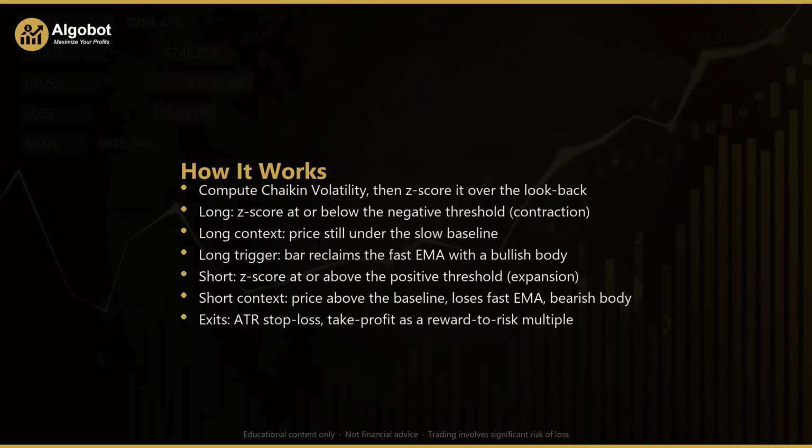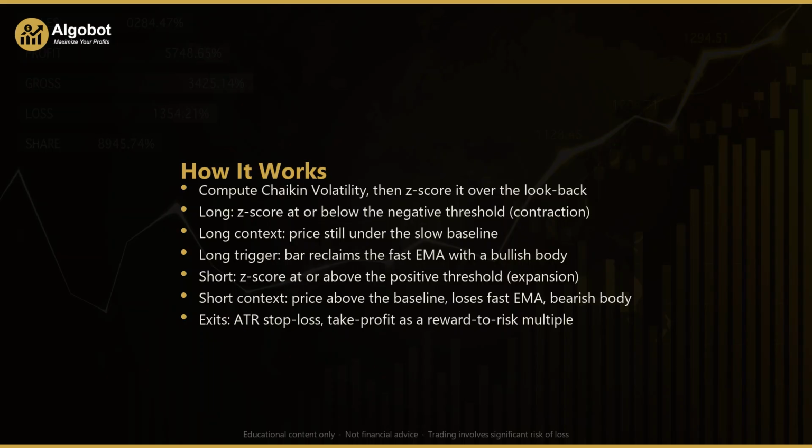Now the long side. Remember, bottoms form quietly, so a buy requires 3 things to line up. First, the volatility condition. The Chaikin volatility z-score must sit at or below the negative threshold, which defaults to negative 1.2. That signals an unusual contraction, the market going quiet. Second, the context.